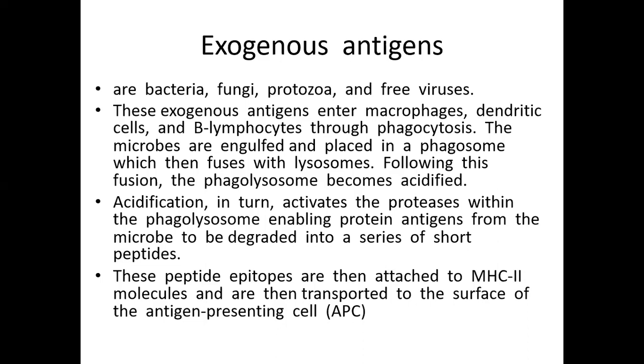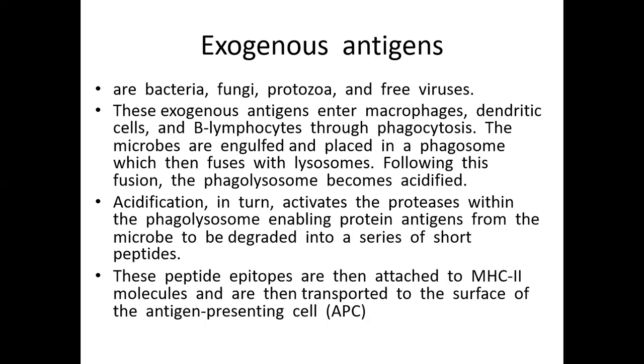Exogenous antigens are bacteria, fungi, protozoa, and free viruses. These exogenous antigens enter the macrophage, dendritic cell, and B lymphocytes through phagocytosis. The microbes are engulfed and placed in a phagosome, which then fuses with a lysosome. Following this fusion, the phagolysosome becomes acidified.